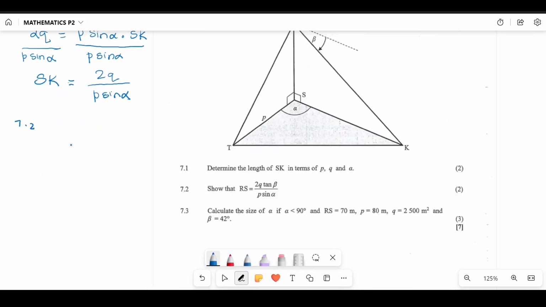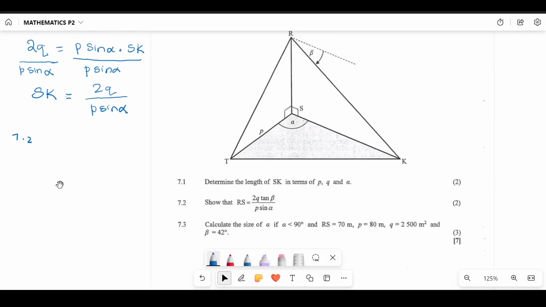7.2. Show that RS is equal to 2Q tan beta divided by P sine alpha. Because the angle beta is in the answer, you must go to triangle RSK. This was the angle of depression, which means the angle of elevation is also beta.